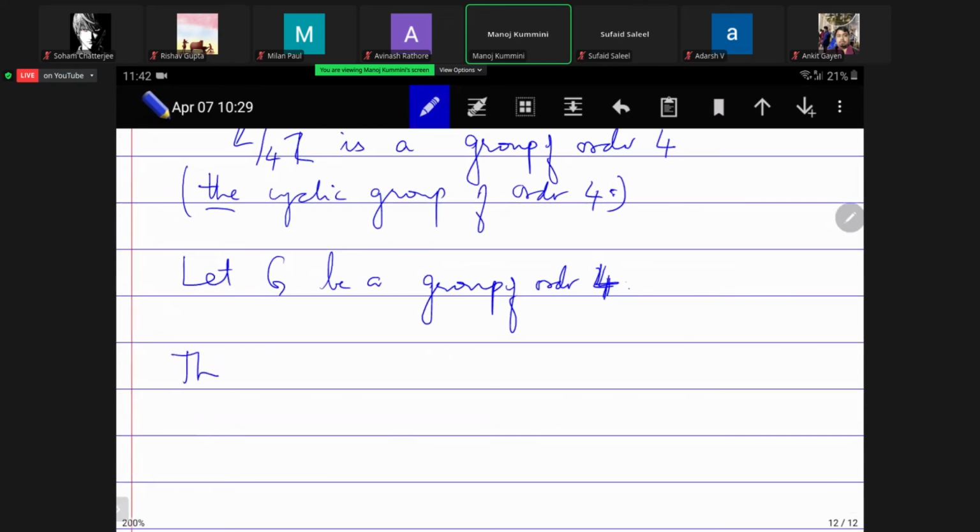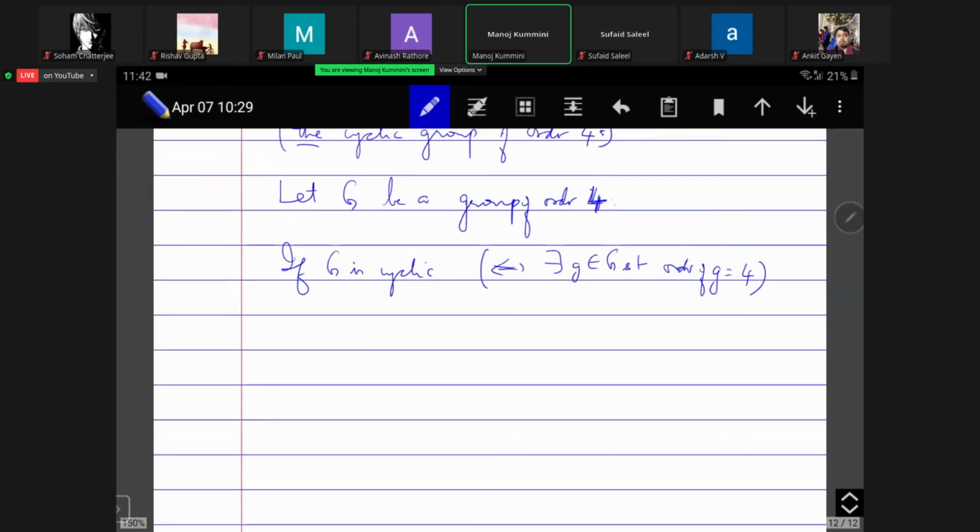Then, if G is cyclic, which is if and only if there exists g in G such that the order of g is 4, then we know what G is. That's what I just wrote, that G is isomorphic to Z mod 4Z. Okay, so this is an exercise.